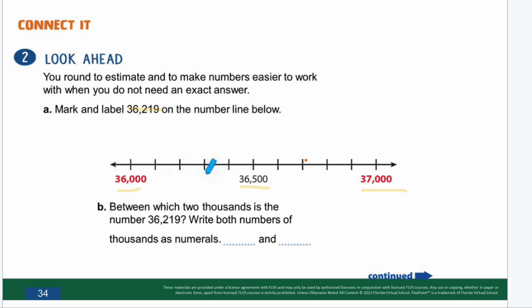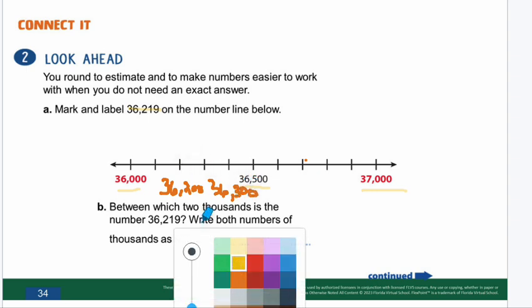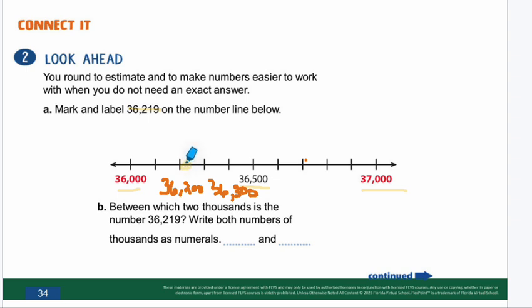36,200, 36,300. Okay, so my number right here is going to be 36,200. So this is 36,300. Okay, so I know that my answer is going to fall right in here between those two. All right, so this one goes here.